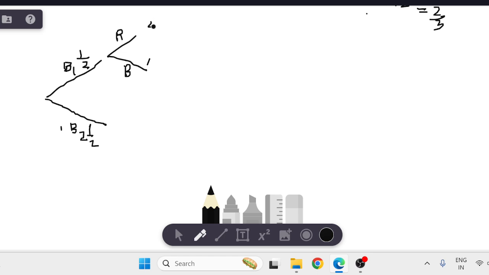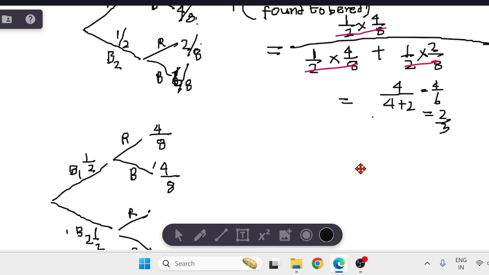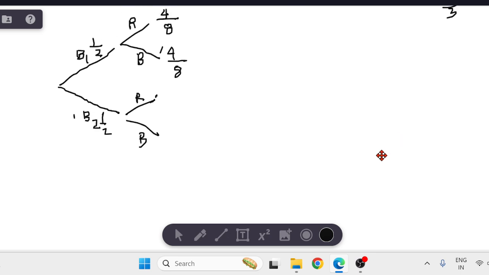There are 4 red balls out of 8, so 4 by 8 for red and 4 by 8 for black. Then we check how many are red in the second case: that is 2 and 6, so 2 by 8 and 6 by 8.